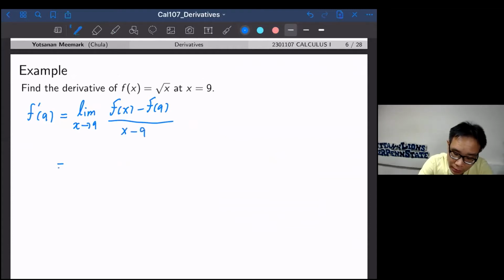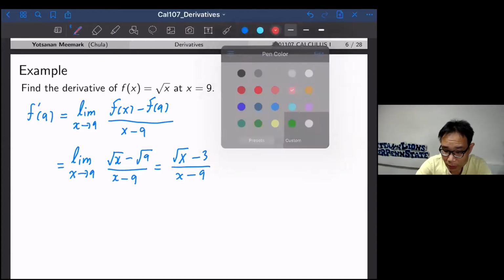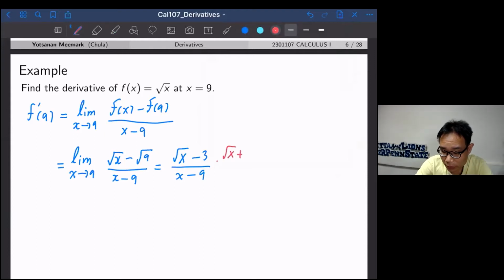This is the limit x goes to 9 of square root x minus square root 9 over x minus 9. You may simplify a little bit, so you get root x minus 3 over x minus 9. Then you multiply root x plus 3 on top and root x plus 3 on the bottom, and this will allow you to get x minus 9 on top.